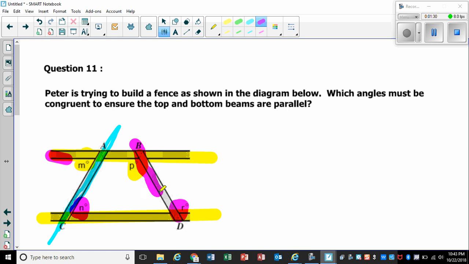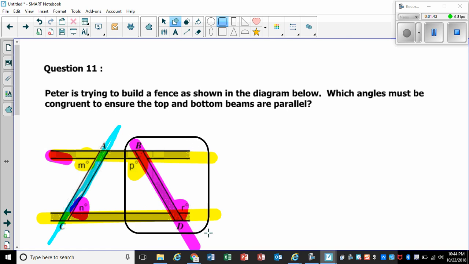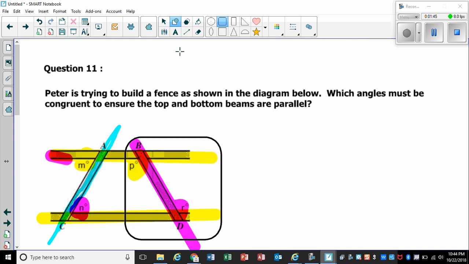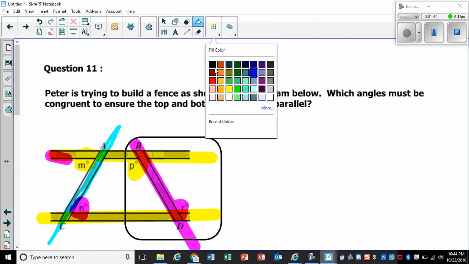So I'm going to do each one of them separately. And, as you guys know, I like to cover the side that doesn't match so that you're not getting confused about which one we're picking.